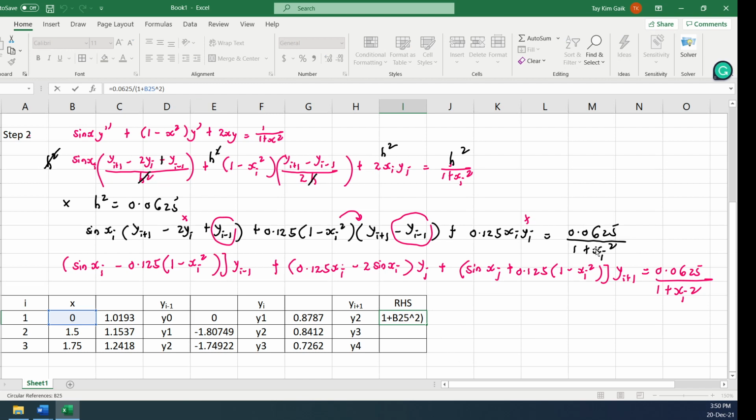Suppose I get 0.006. Round to 4 decimal places.